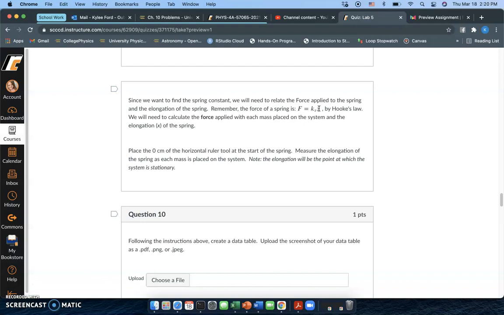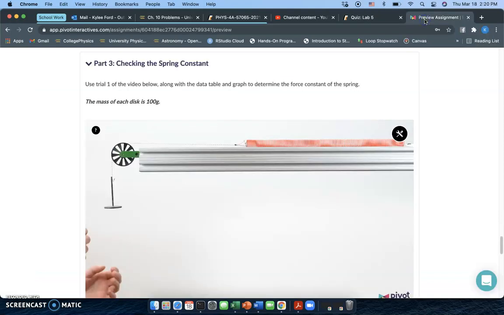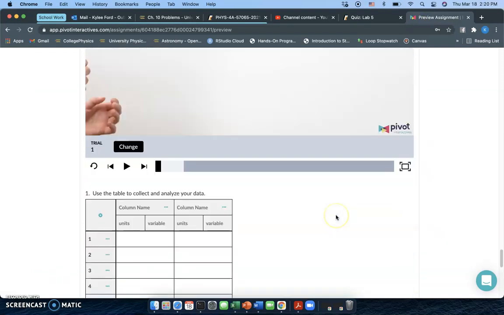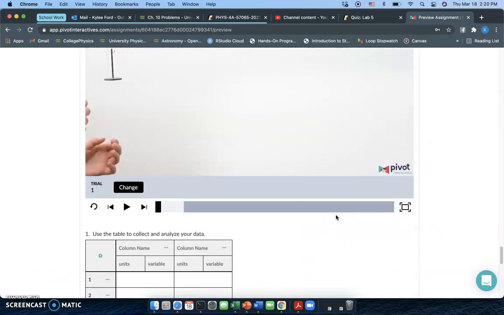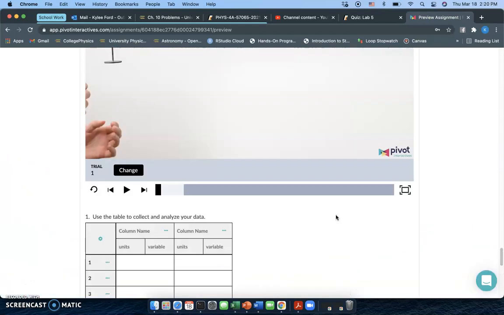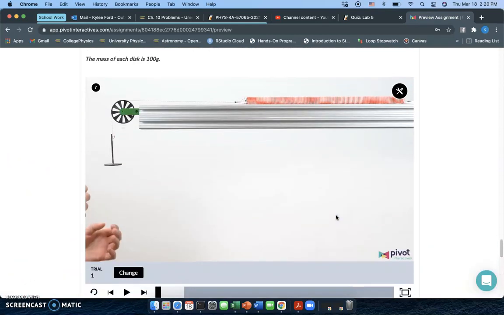You'll do something very similar. You want to see what the force is, and if that is related to our spring constant. It doesn't have any instructions, which is why I wrote them out for you.